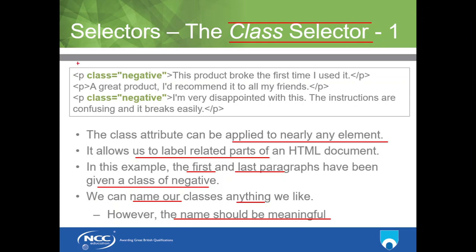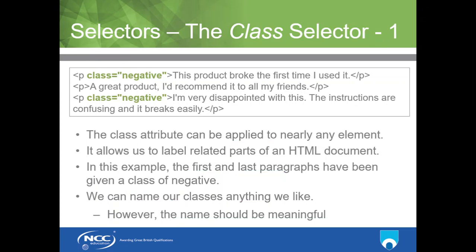To include a class selector, you have to include it as an attribute. The attribute name is class, then the equal sign, double quotation marks, then the name of the class. You can see that this paragraph has that particular class negative. The second paragraph doesn't have a class. The third paragraph also has the class negative.